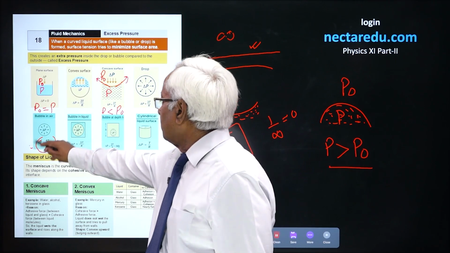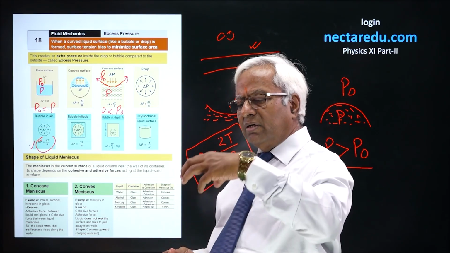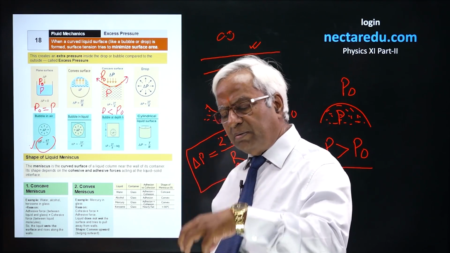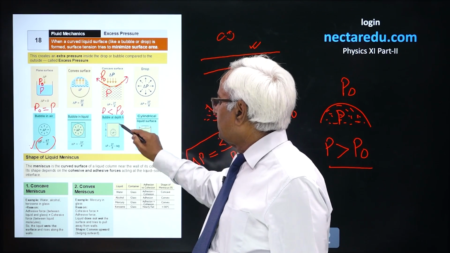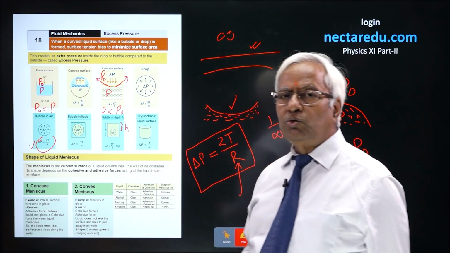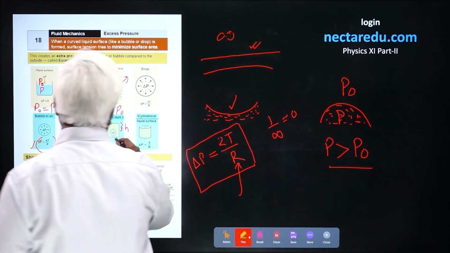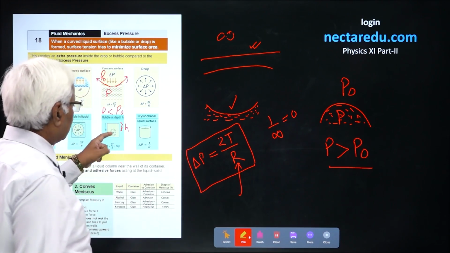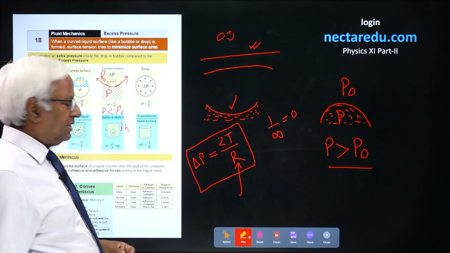It's shown over here. Now, if the bubble is inside a liquid, quite below at a depth, suppose this depth is h, then in that case 2T by R would be the pressure difference because of the surface tension, and hρg is going to be the hydrostatic pressure.